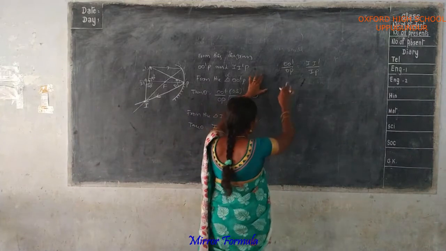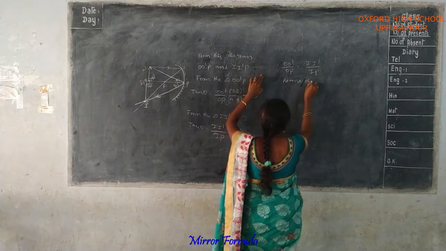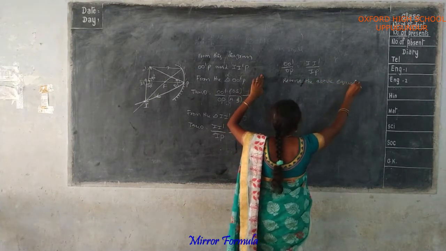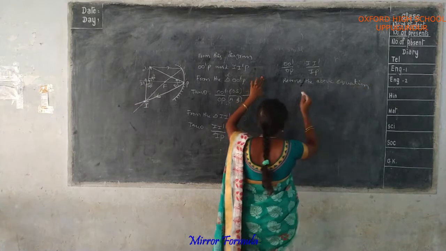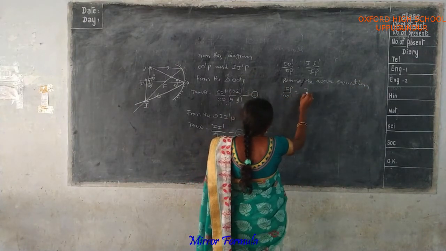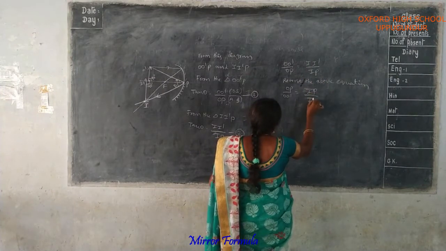Reverse the above equation. This should be written as OP by O dash is equal to IP by I dash.